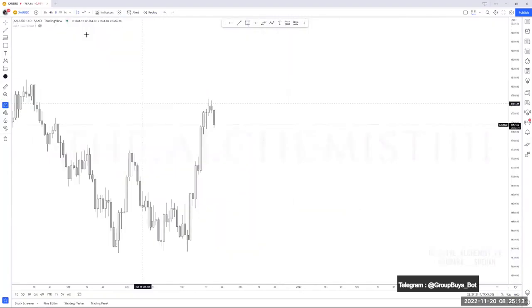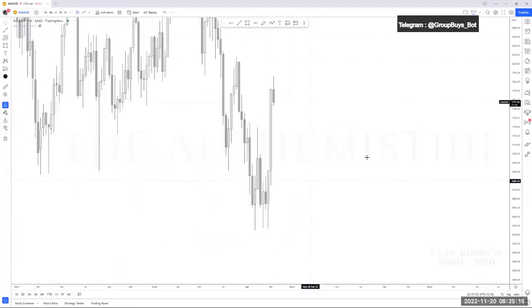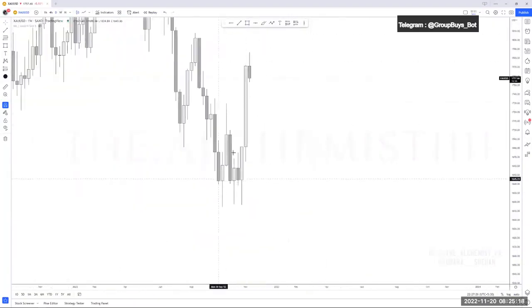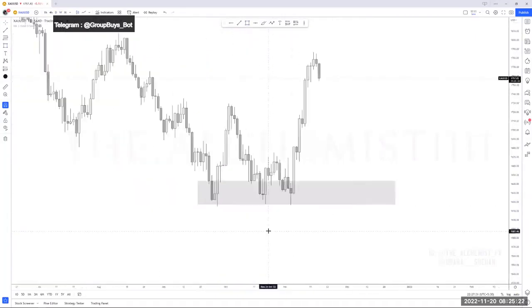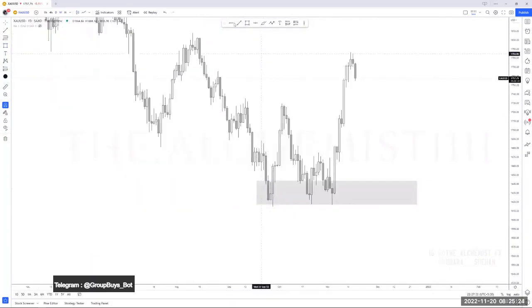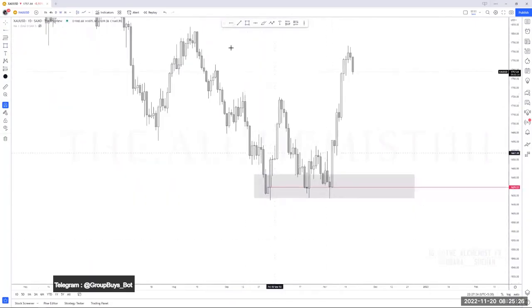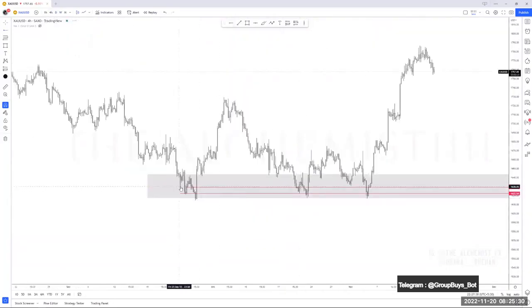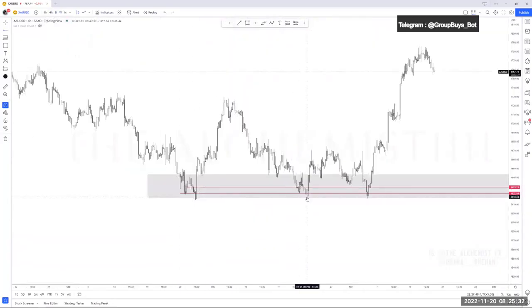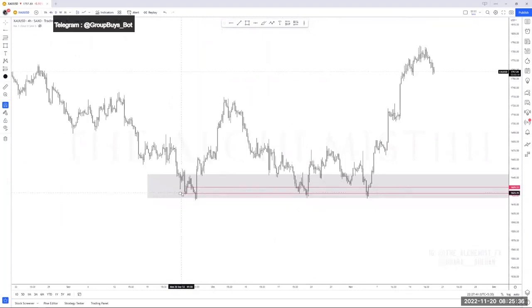For example, let's say this right here was my weekly level that I want to buy. Let's say I marked it out like this. Now I can even go into lower time frames and refine it. Maybe we had some daily zones in here and here. Maybe go to the 4 hour. But what's the point of refining if I'm not going to take the direct entry, right? That is why I don't personally refine. Now you can refine it, no problem with that.